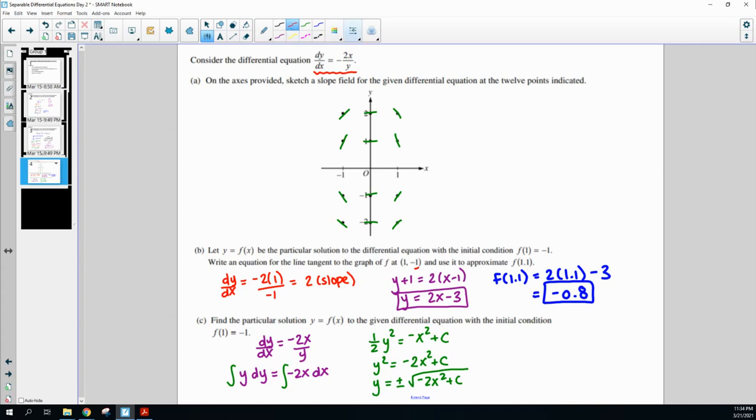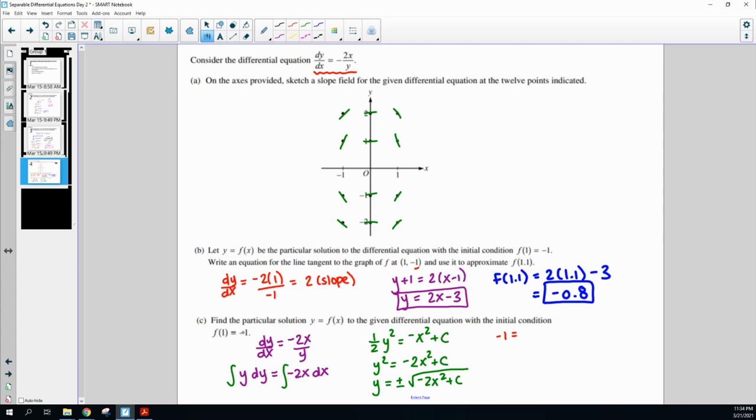But we need to find the particular solution with the given initial condition. So here we will use (1, -1) as our point. So we're going to plug in -1 for y. Now, since we have that plus or minus with the square root, we have to figure out, are we using the positive square root or the negative square root? It depends on where the point is.